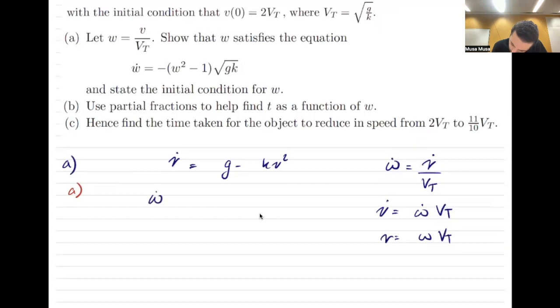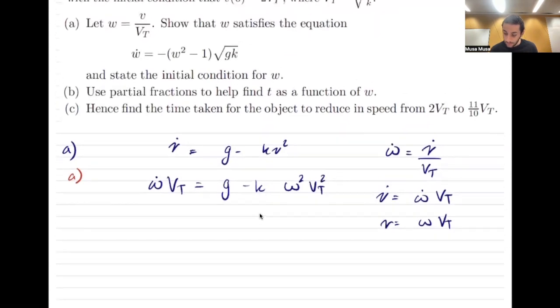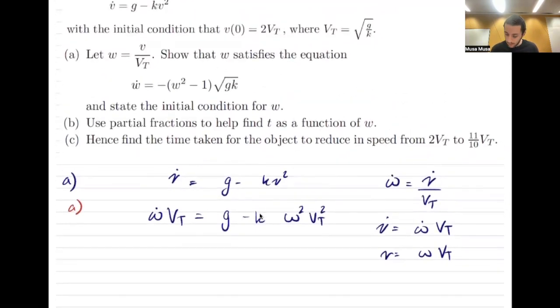This is going to equal w dot vt, which equals g minus k times wvt all squared, which actually, let's just write this as squared and squared. Now I'm thinking, if I divide every term by g, oh no, by k. Actually, no.